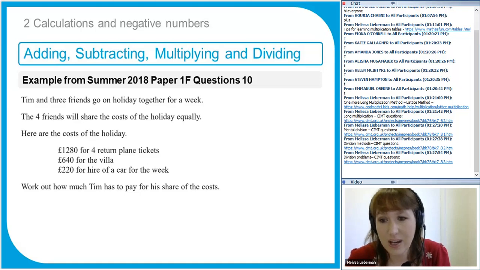Doesn't look like they're going to ask us the cost of each plane ticket, so there's no point working that out. So that's information that we don't really need. The fact that there's 4 tickets. £640 for the villa and £220 hire for the week. And what we want to do is work out how much Tim has to pay for his share of the cost. So I'm just going to put my highlighter pen on here.